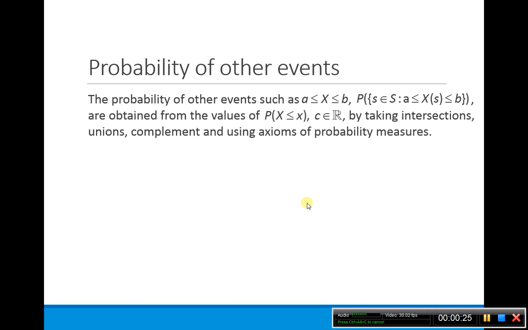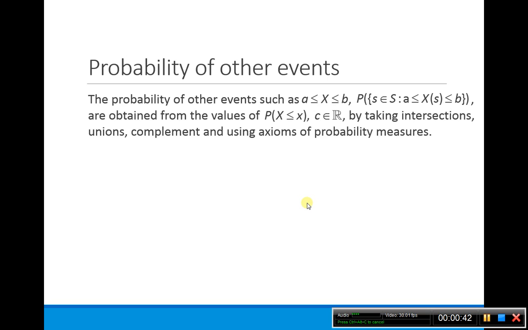Okay, so the probability of other events, such as the probability of events so that X ends up landing between A and B, can all be derived from the probability of capital X less than or equal to little x.